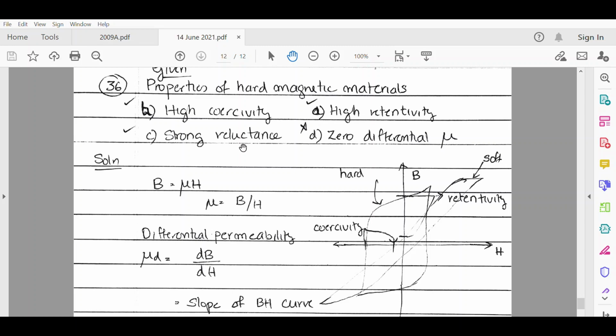So if we go to the fourth option, zero differential permeability.